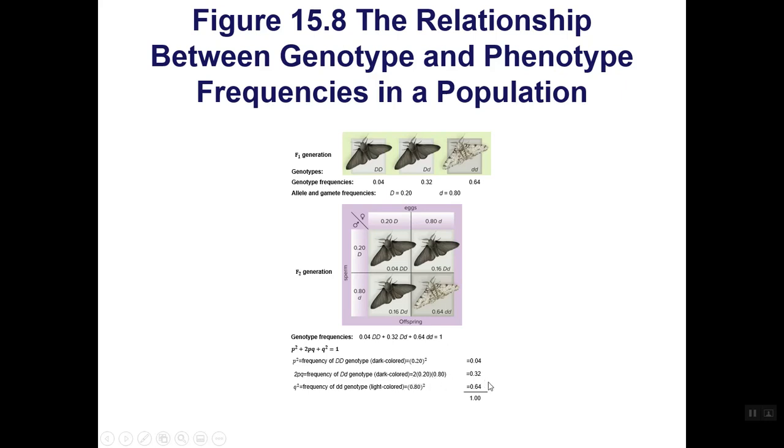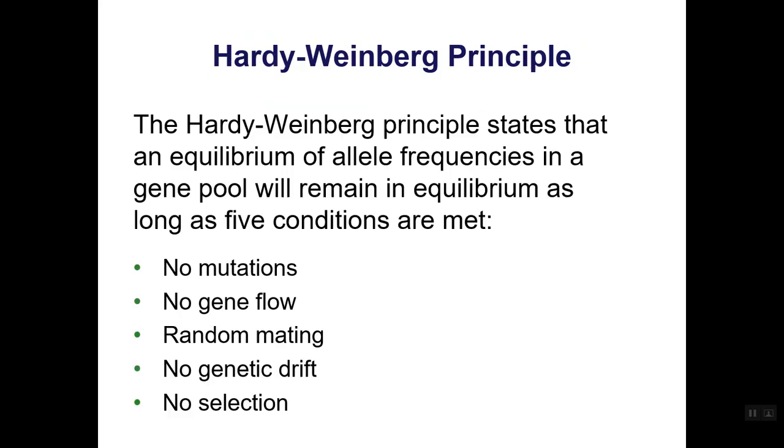That gives you 0.32. And then Q squared is the frequency of the homozygous recessive genotype, which would be 0.8 squared. And that gives us 0.64, in total 100%. So that is Hardy-Weinberg's calculations.